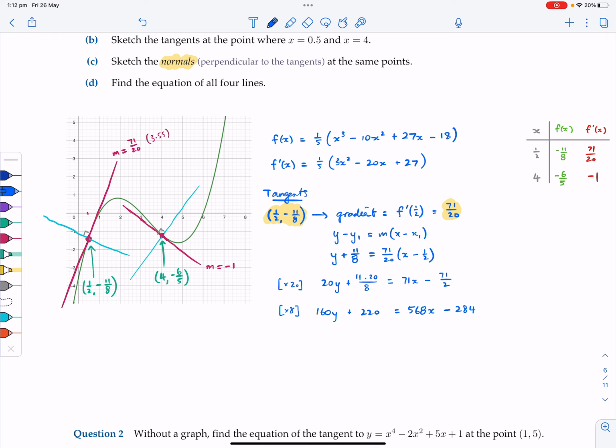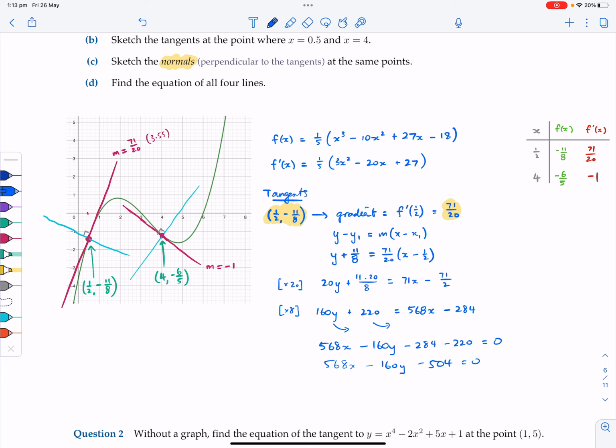And then to do general form, I'm just going to pop these over to the other side, and I get 568x minus 160y minus 284 minus 220 equals 0. So 568x minus 160y, and then just calculate that, minus 504 equals 0. And then they're all even, so I'm going to divide by 2, or can I divide by 4?